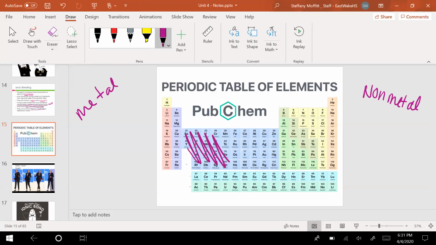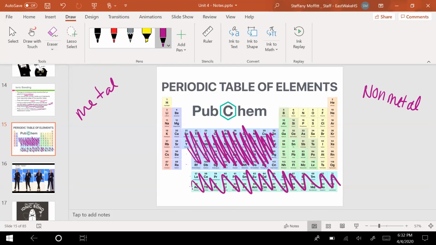Now, we're not going to talk about transition metals just yet, and we're also not going to talk about rare earth metals just yet. So group 1 is going to take on +1, group 2 is +2, 13 is +3, 14 is ±4, 15 is -3, 16 is -2, 17 is -1, and we're not going to talk about noble gases for ionic bonding.